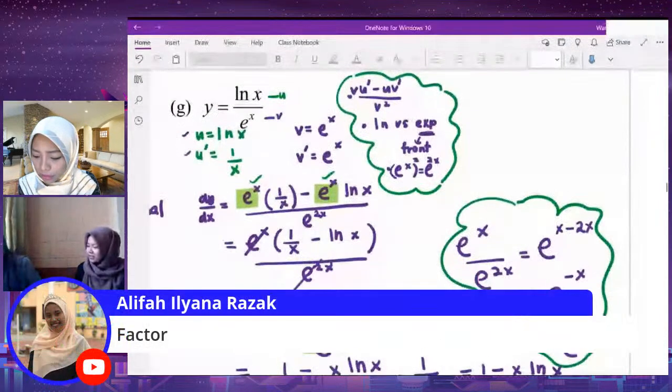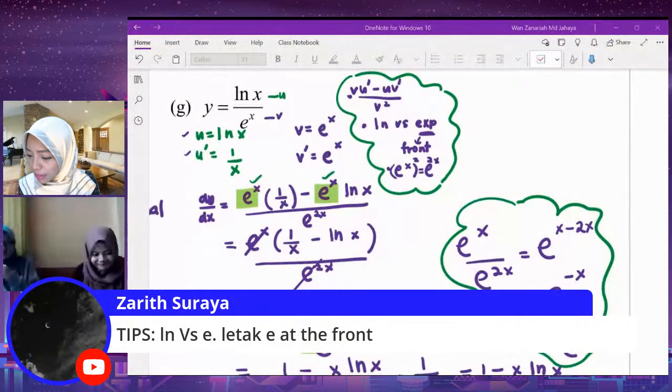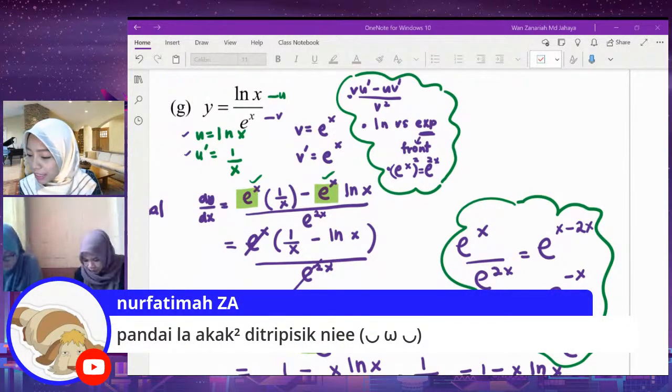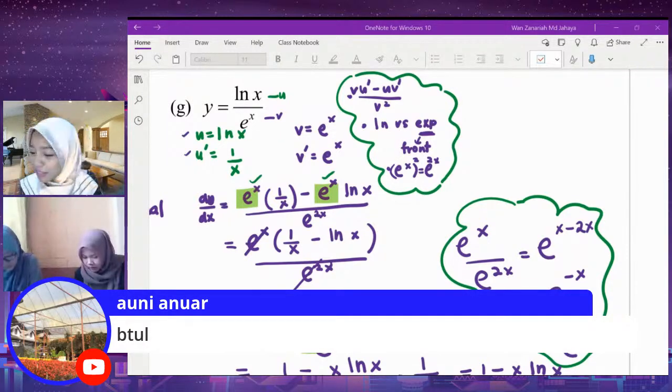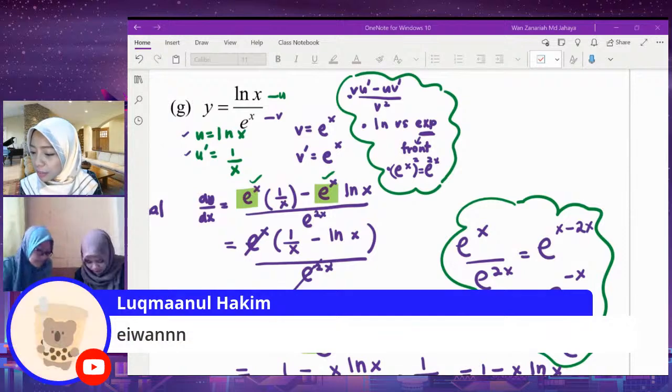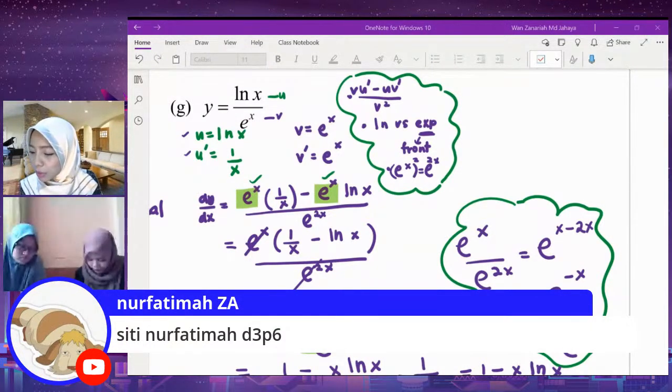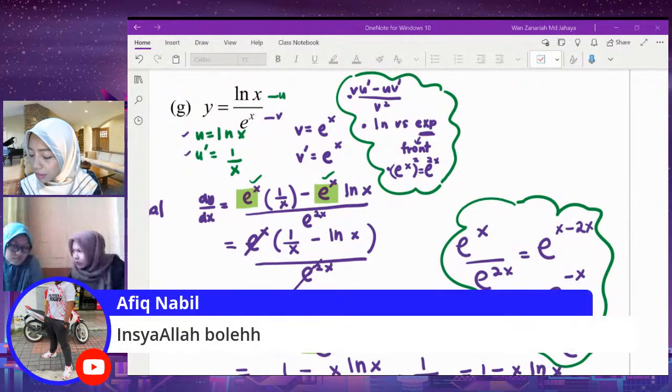Mari madam tengok. Okay, factor ln versus e. Yes, thank you Zarid. Ln versus exponent, letak e at the front. Very good. Pandailah akak-akak di 3PC. Oh, ada ejaan baru Fatimah. Okay, factor lagi. Put exponent in the front. Okay, e1, 1. Apa yang 1, 1? Dipanggil 1, 1. Tak muncul-muncul. Mana 1-nya? Okay, yes.